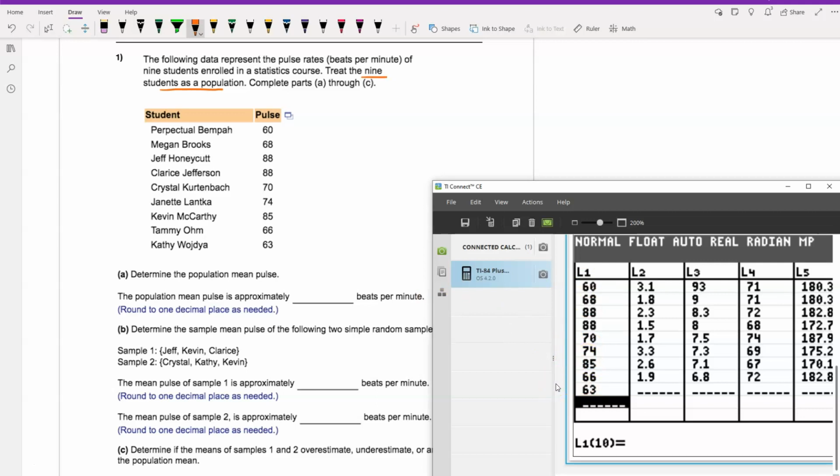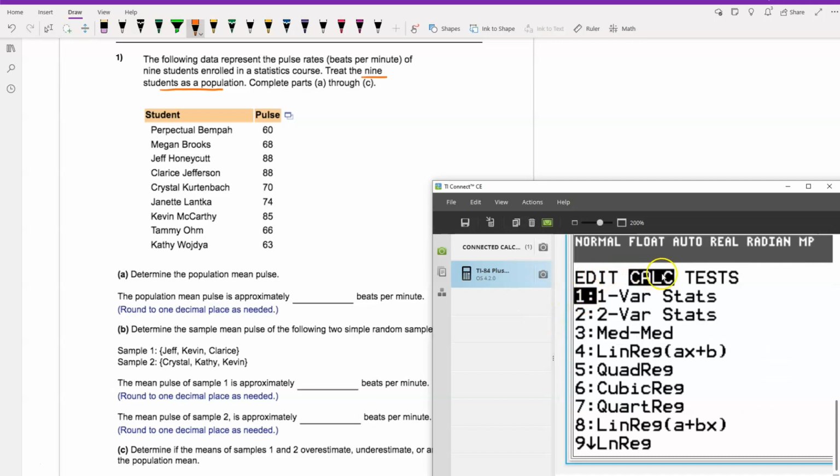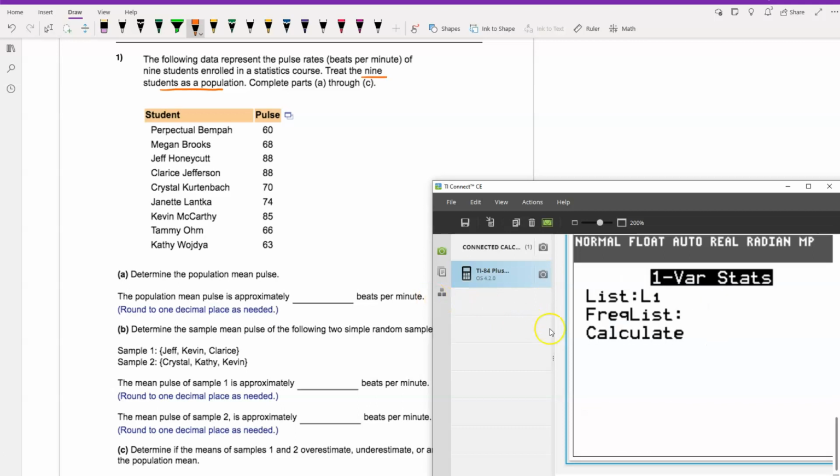And the next step is stat. Instead of edit, highlight calc, use number 1, 1-Var Stats. I entered these numbers into L1, so here on the first row for list, I should have the same column, which was L1.